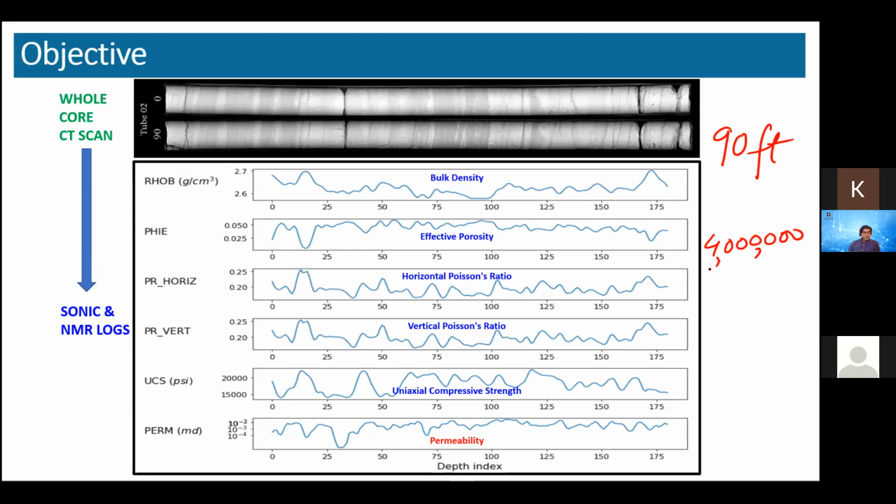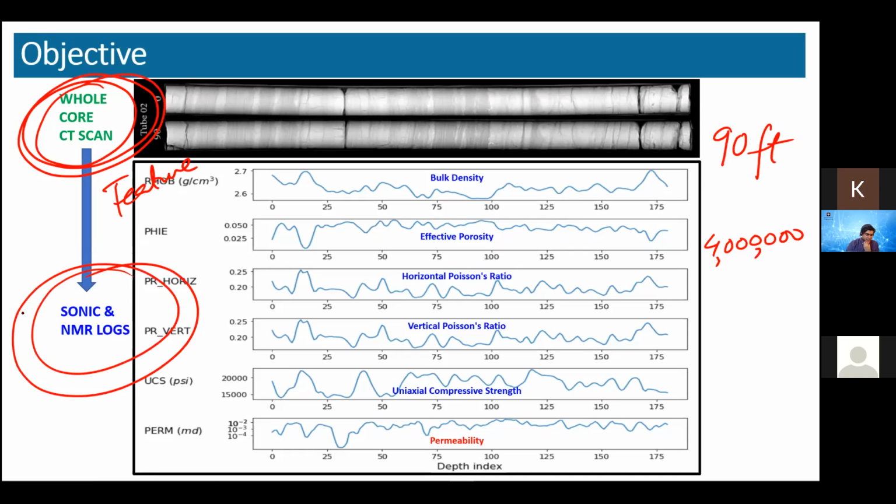That's a great question. Plenty of times in oil and gas, you will have a very high resolution feature, which has a lot of data and a lot of information. And your target, which is over here, will be low resolution. Here, the targets that we are trying to generate have a low resolution. What I mean by that is each point that you see here is at 0.5 feet.